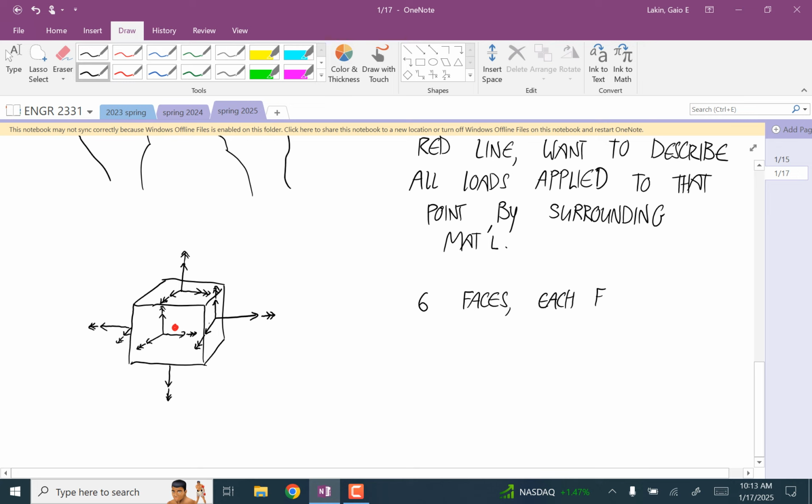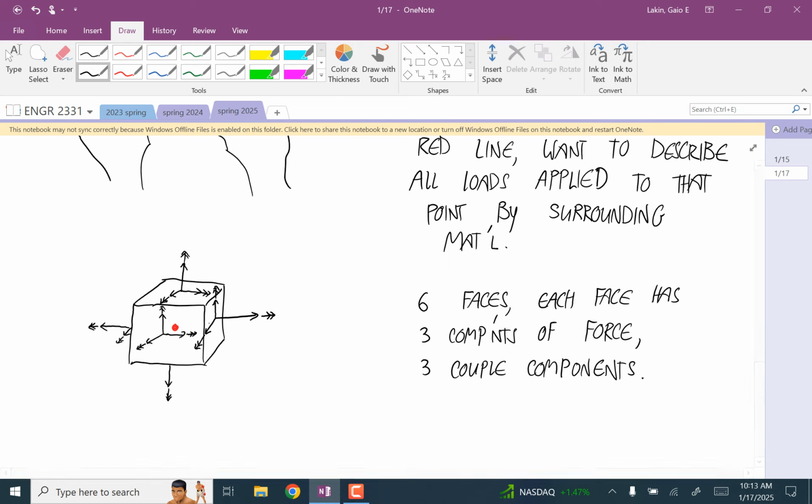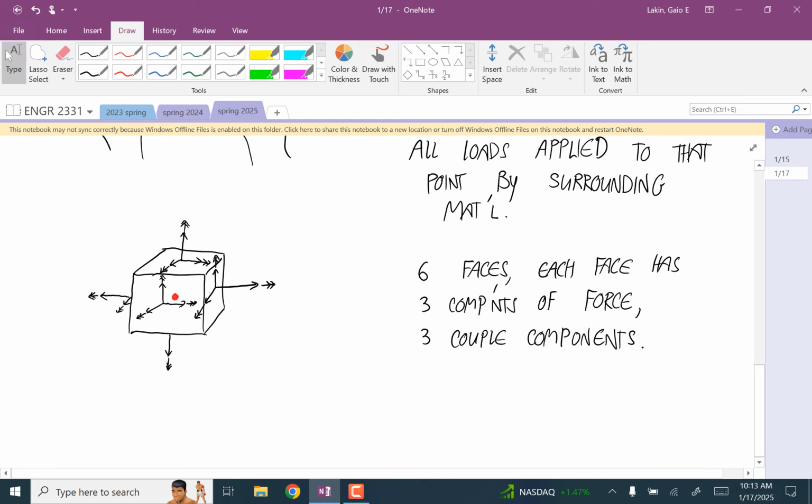And each face has 3 components of force and 3 couple components. And now let's start thinking about what happens as we take the limit in size, as this goes down to 0.